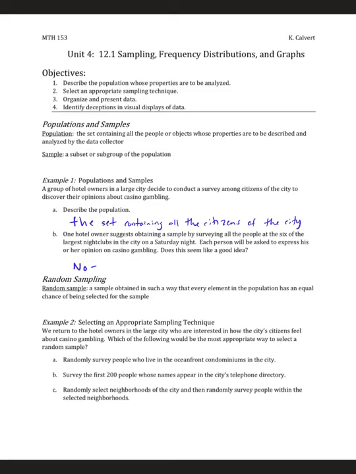So it's not really going to be a fair assessment of the city as a whole. So we're going to go ahead and write that. So we said no, maybe because the people at a nightclub might enjoy gambling.